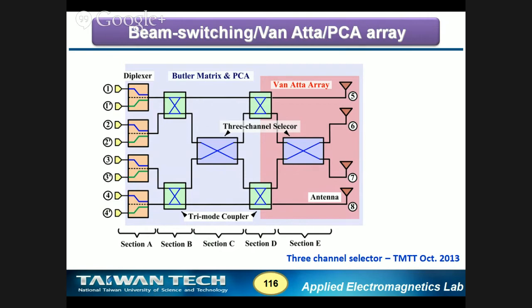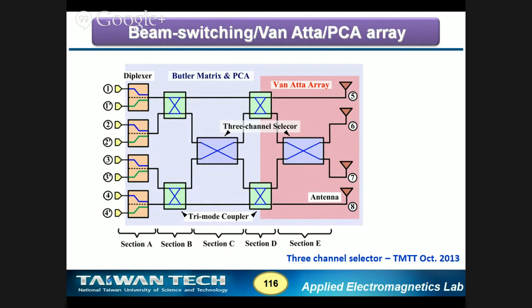So let me just focus on the 3-channel selector. Think about it, it is a very complicated structure. We have completed the design of the whole system. If I write a paper regarding the whole system, this paper will be 20 or so pages, which means it will cost me a lot.